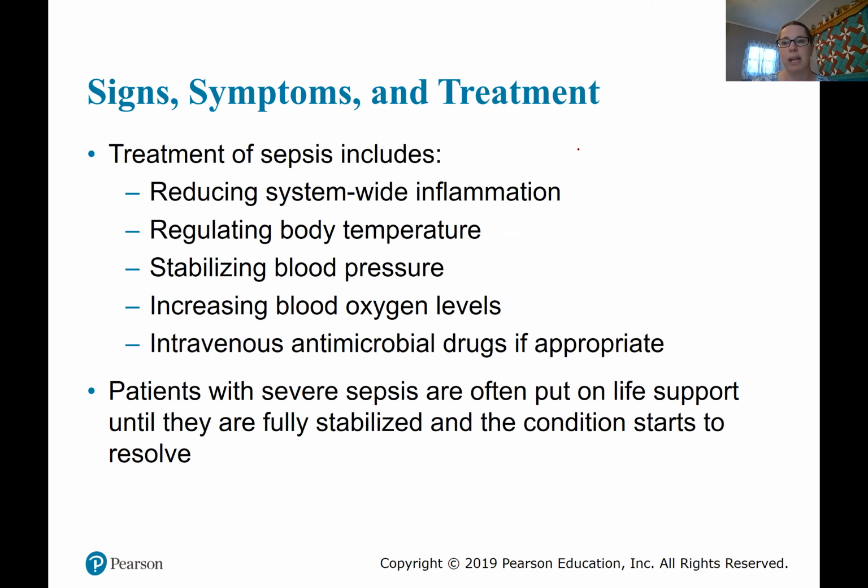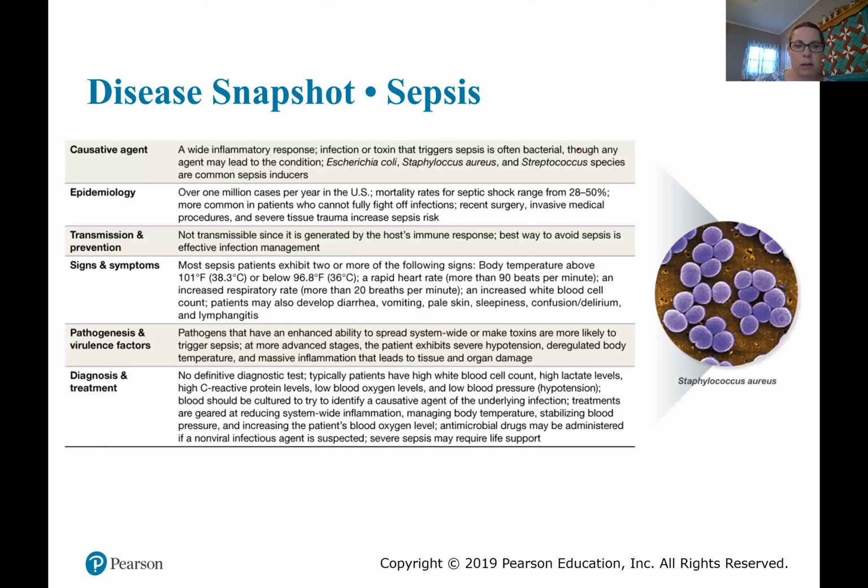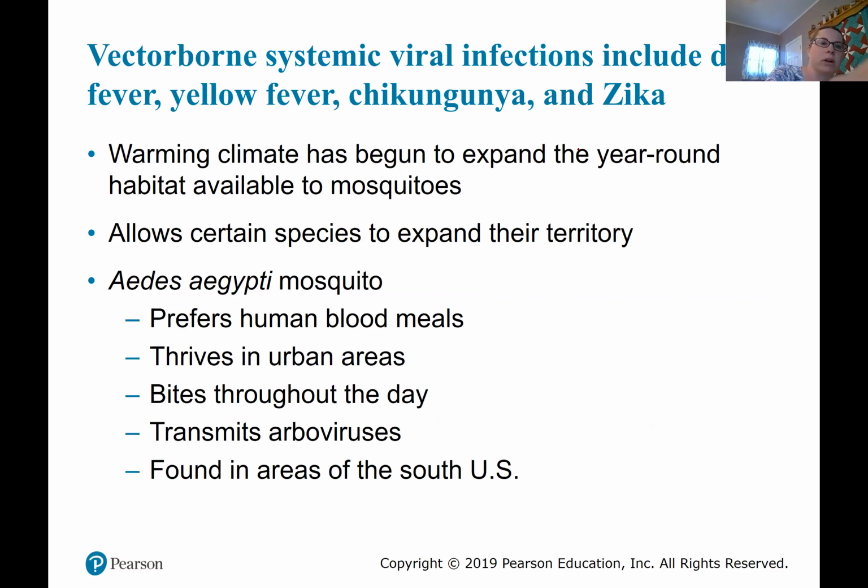Now remember, gram-negatives have endotoxins, so if it's caused by E. coli or some other gram-negative, you may not want to give a high dose of antibiotic because that will even worsen the shock, the immune response. Okay, so then we talked about life support also as well. And I'll let you guys look over this. And then we will move into the viruses.